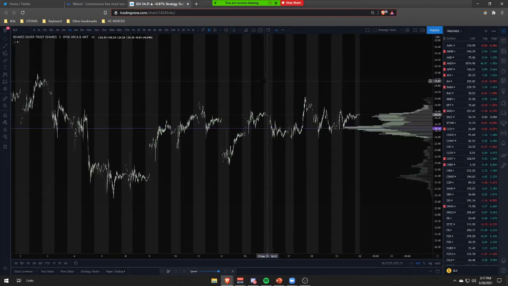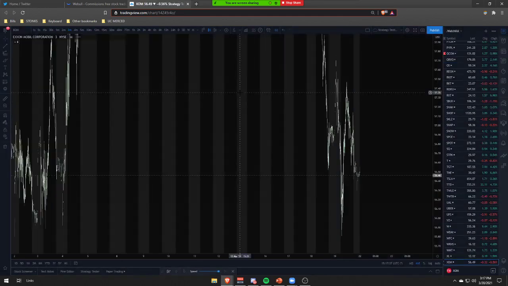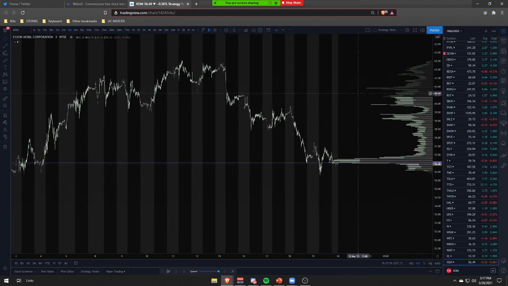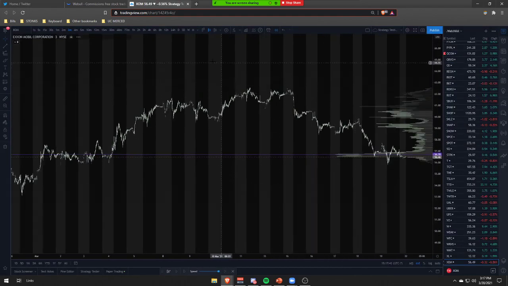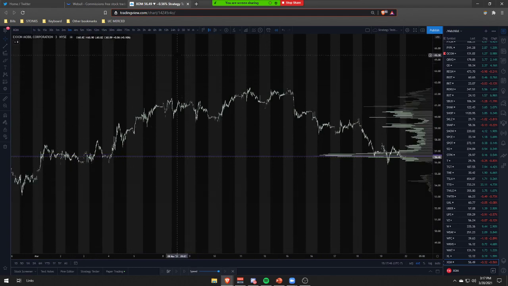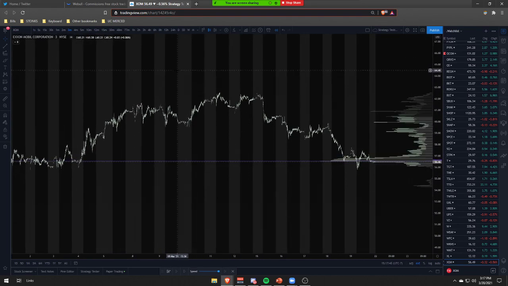A lot of people move to silver, a lot of people move to gold, a lot of people move to oil. There are index funds for those as well, or you can play the oil tickers, like Exxon. A lot of people play this all the time, right? If oil's moving up and the market's dumping, people switch over, and vice versa.